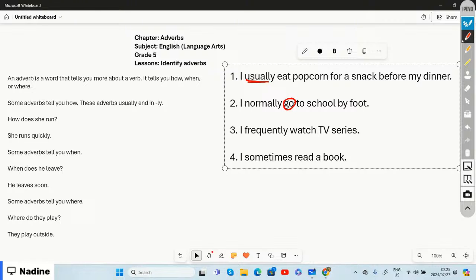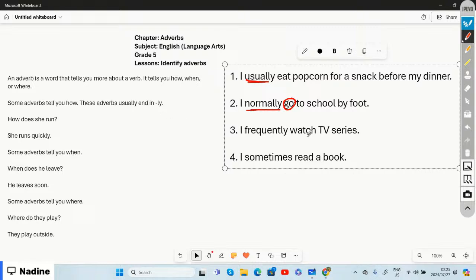We need to select or identify the word that tells us about the verb. All right, and we can then identify our verb. Then we can say, I normally. Normally is our adverb.